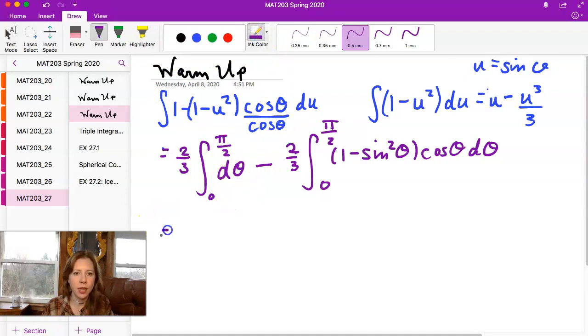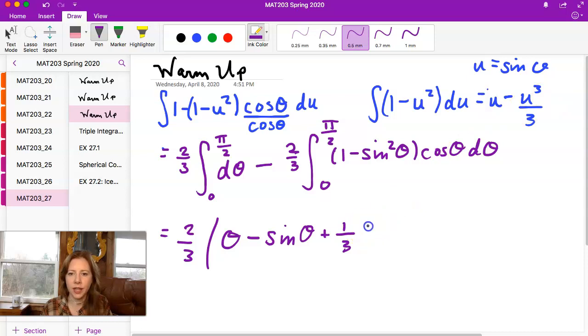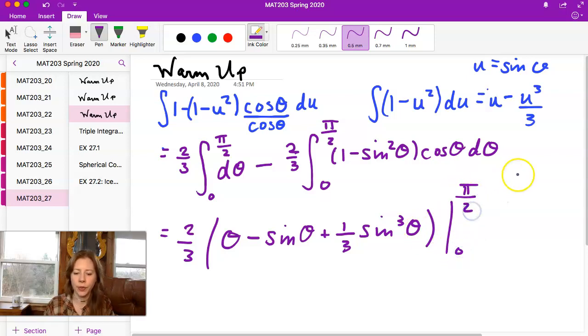So now it's going to be equal to 2/3 times theta minus sine theta plus 1/3 sine cubed theta, and we're going to evaluate this from 0 to pi over 2.